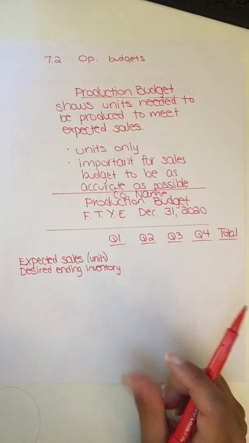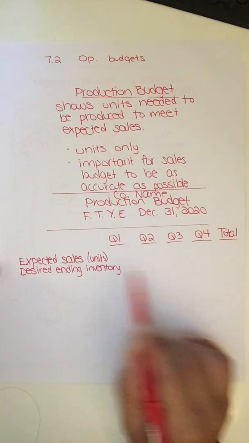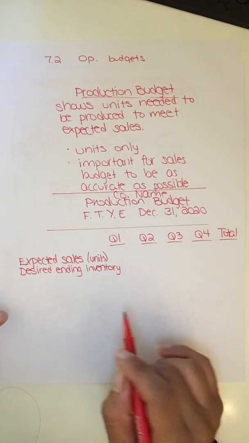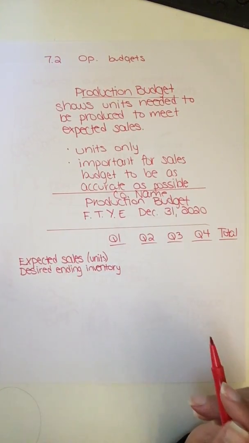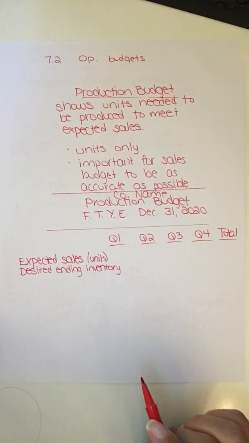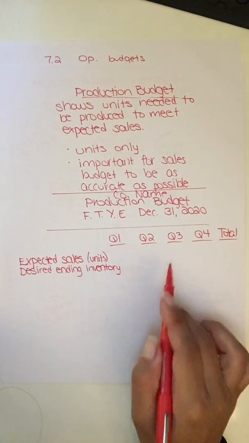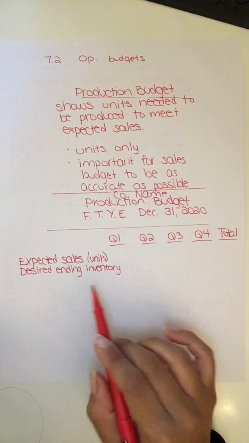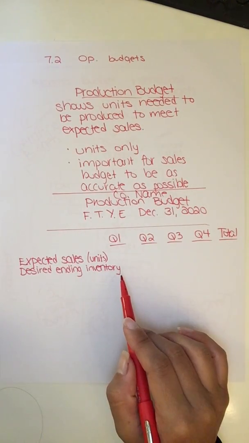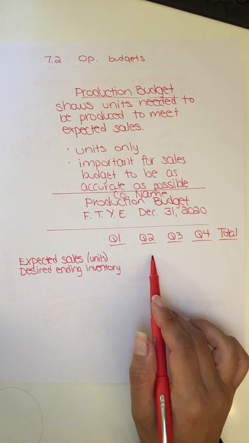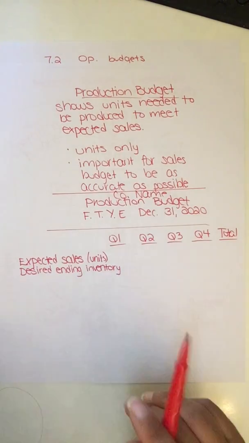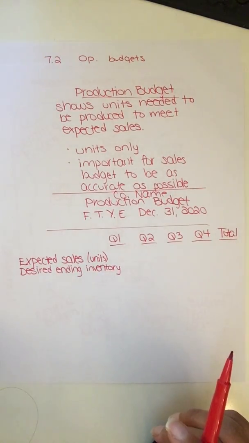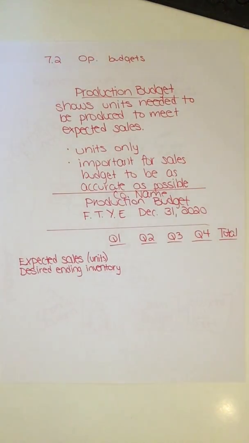So you want to have a little bit of a cushion. And so that's going to be set for you in the problem. It'll say management wants 100 units of desired ending inventory for every quarter. Or they'll usually state it as a percentage. They'll say management wants 10% of Q2's sales as ending inventory. Don't worry, we'll walk through a problem with some data in a minute. Right now we'll just focus on our format.